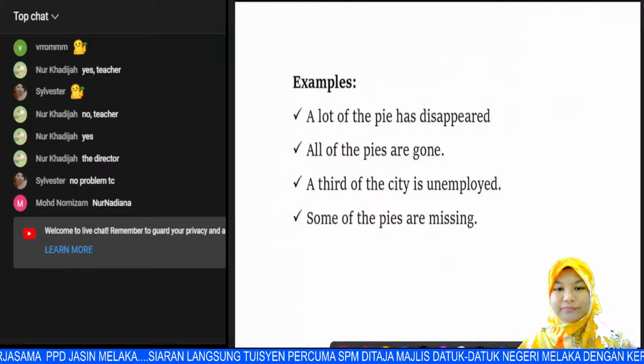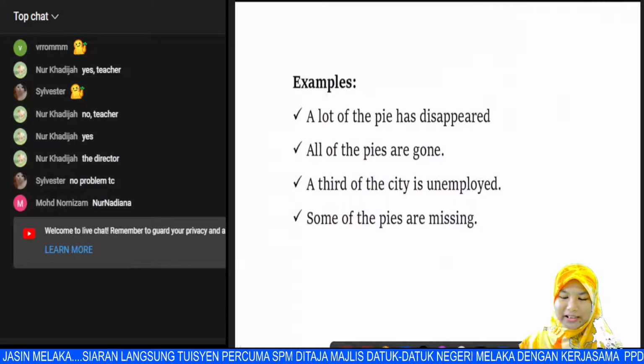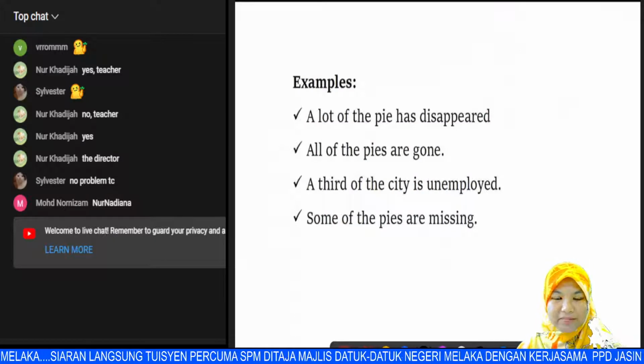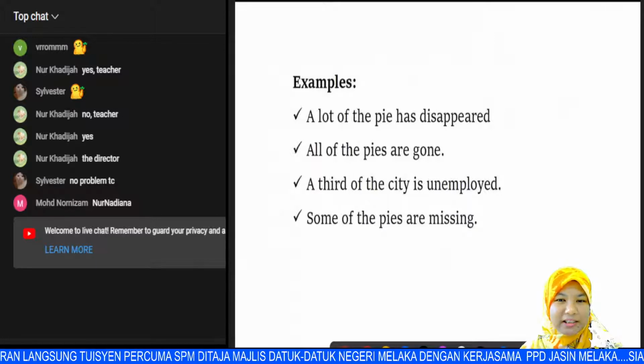Okay, still we are focusing on expressions of quantity. But now again, we have some exceptions. Exception means something that you can give and take.